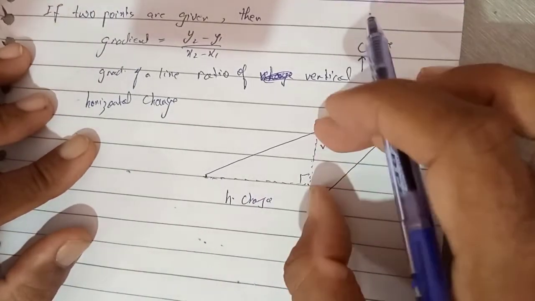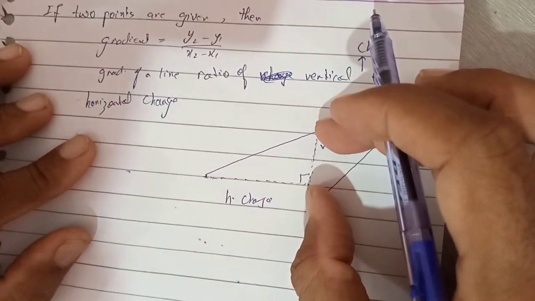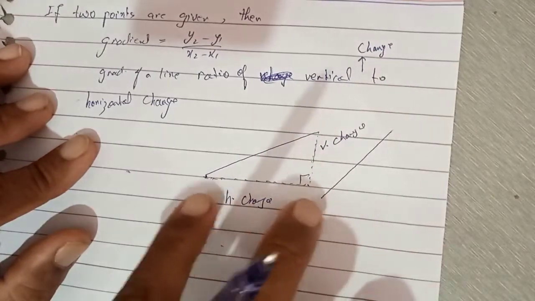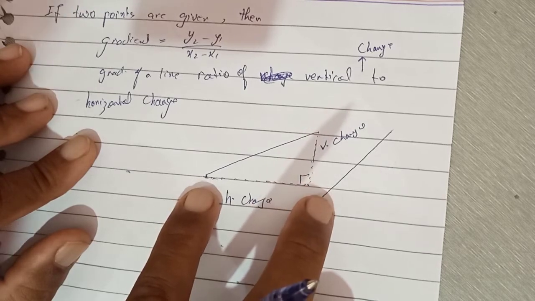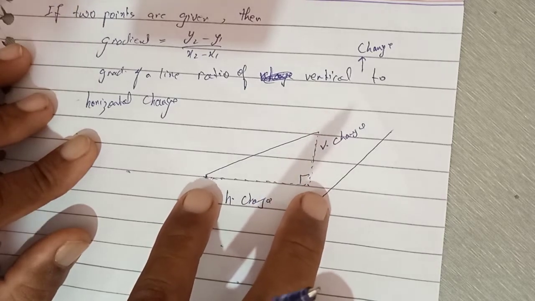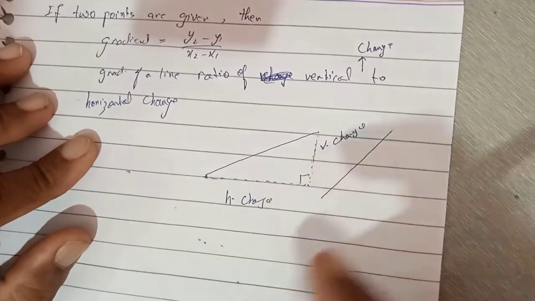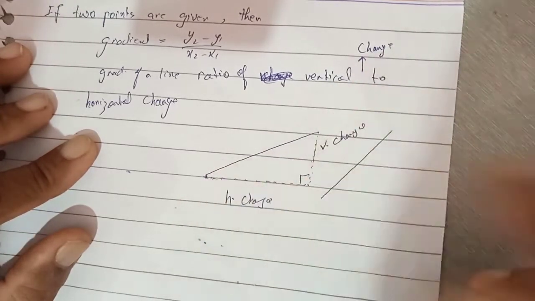The vertical part is small in length, and the horizontal part of this triangle, which is also called the base, is large in length.